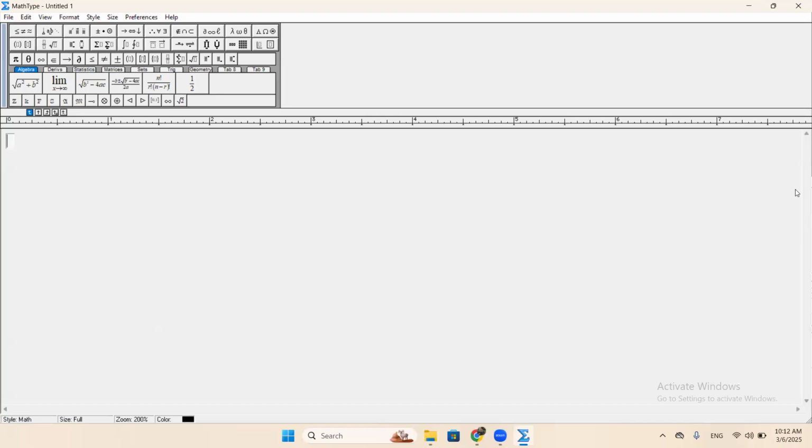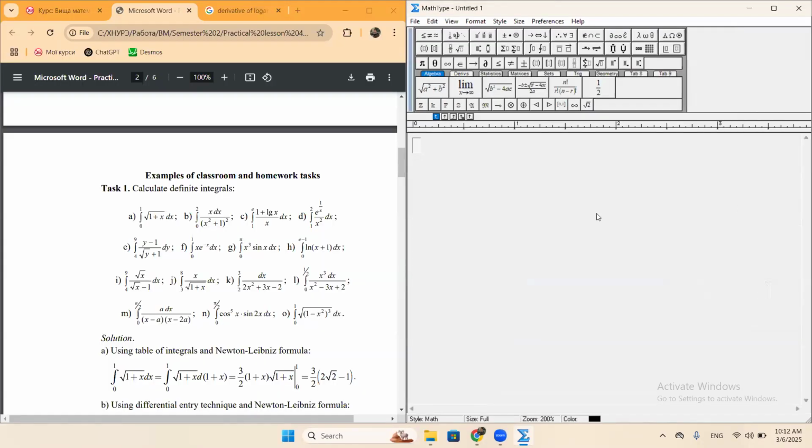Okay, let's move next. Part I, we have the following integral that will be calculated with the substitution of variables. Square root of x divided by square root of x minus 1 dx.